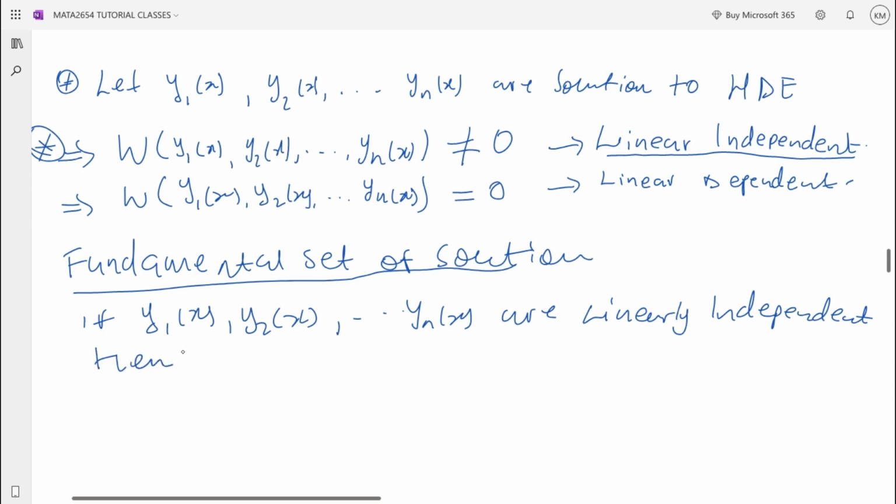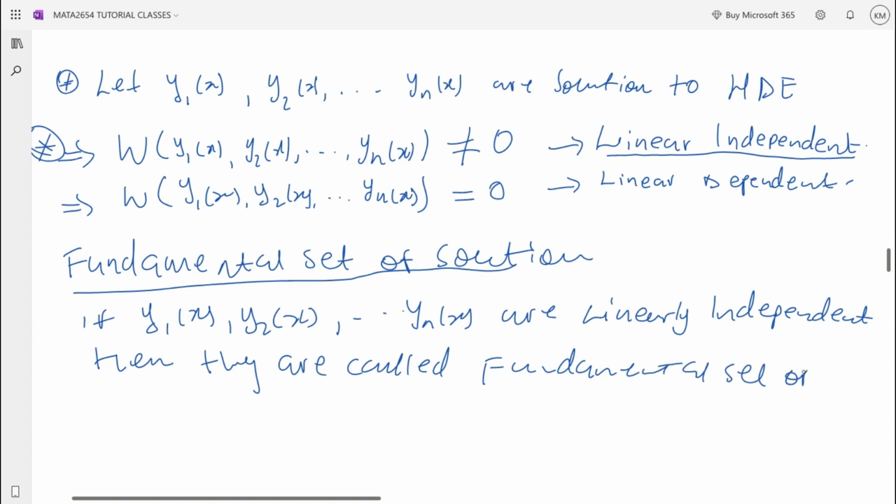then they are called a fundamental set of solutions.